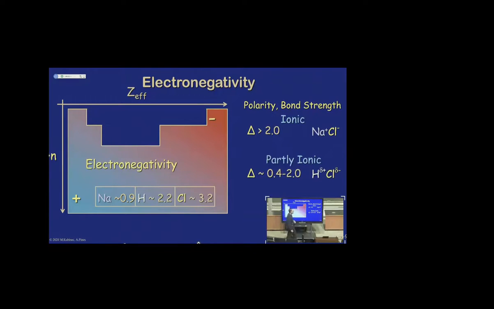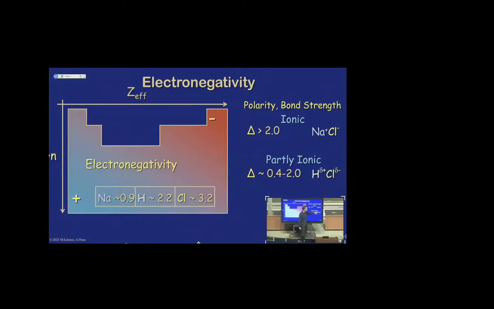So, partially ionic. Now we're going to introduce some notation here. This little symbol, Greek lowercase delta, with the charge. Here it's a full +1, -1 charge separation. When we say partial charge, we use this little partial delta sign.